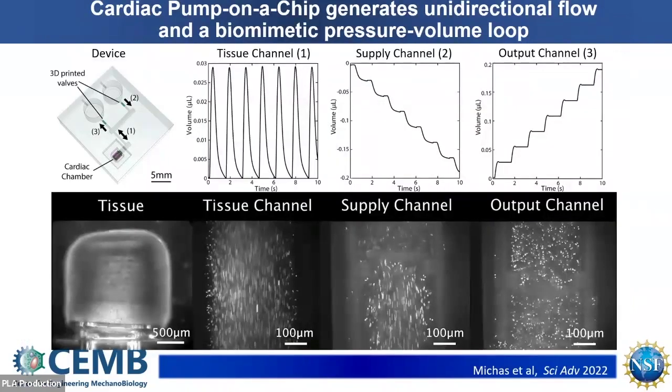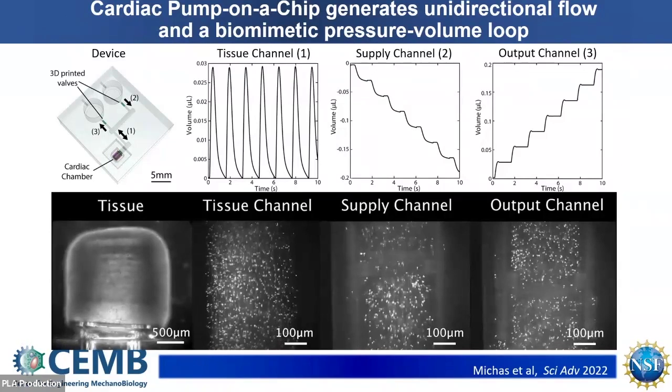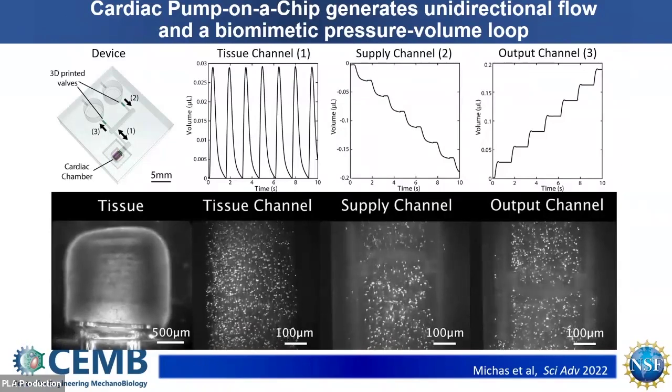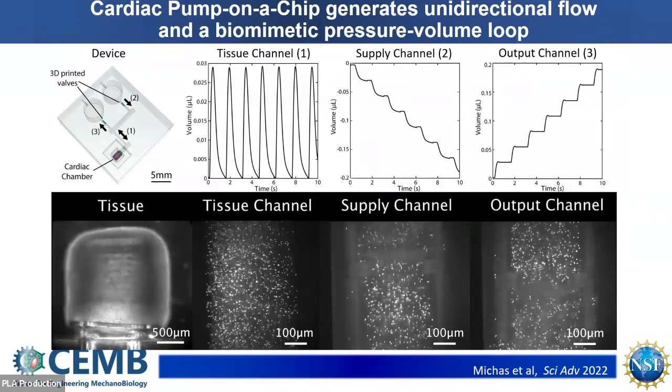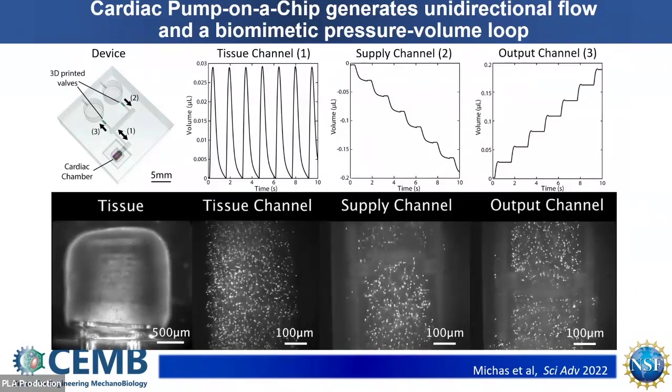And then what they were able to show, and I think the video hopefully will work, is that with the addition of valves, again, you can't see it in that device, they were able to get unidirectional flow in that device. So as this thing is contracting and moving, you have a supply channel mimicking the venous flow, and then you have an output channel, the arterial flow.